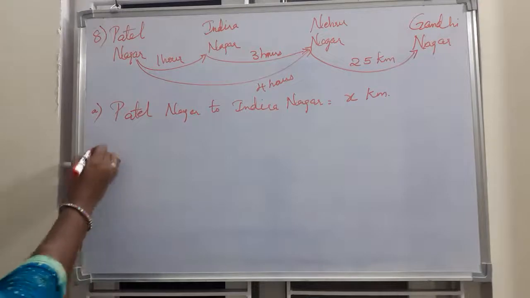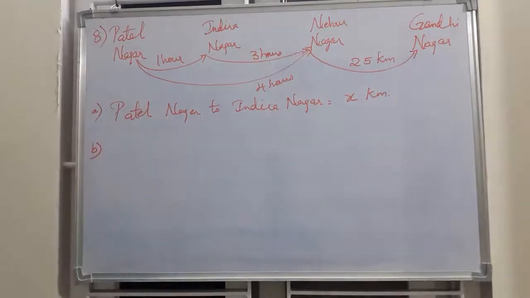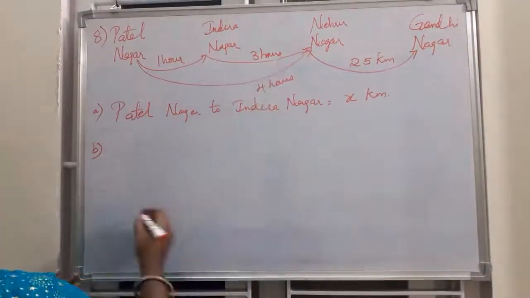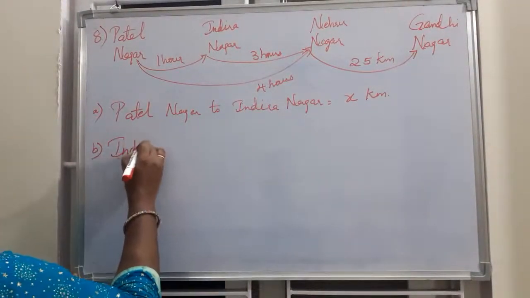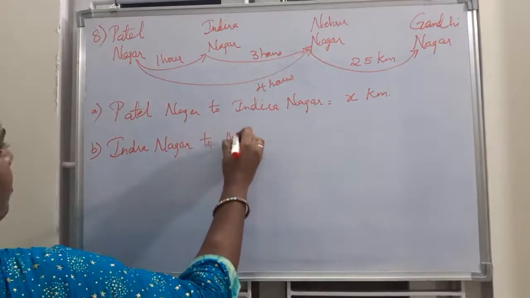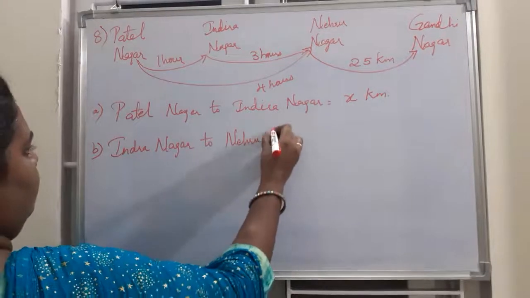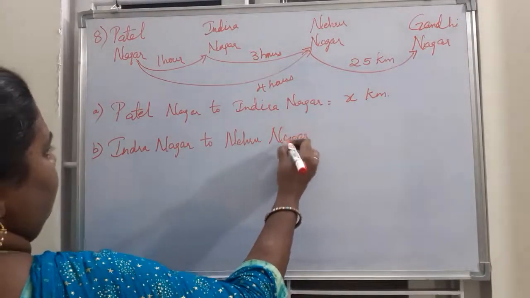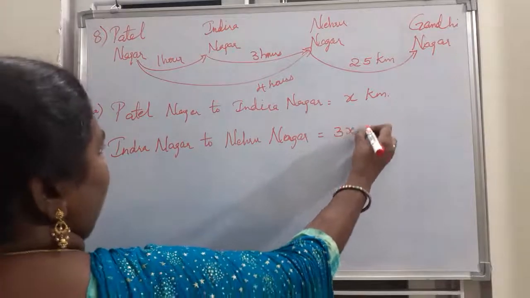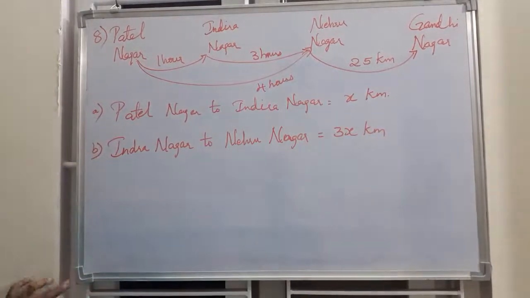Next, B bit. He is asking from Indira Nagar to Nehru Nagar. So from Indira Nagar to Nehru Nagar, how many hours he is taking? 3 hours. So 3x kilometers. Okay?